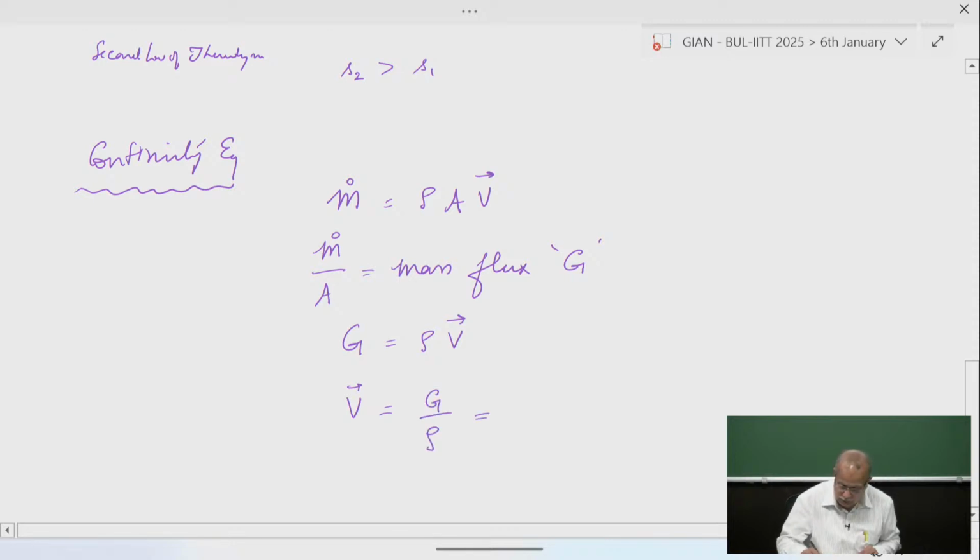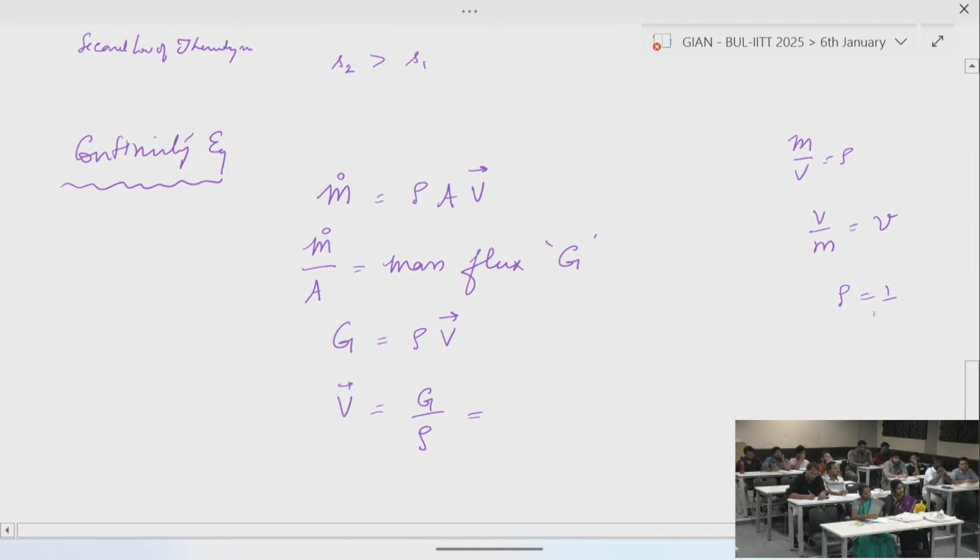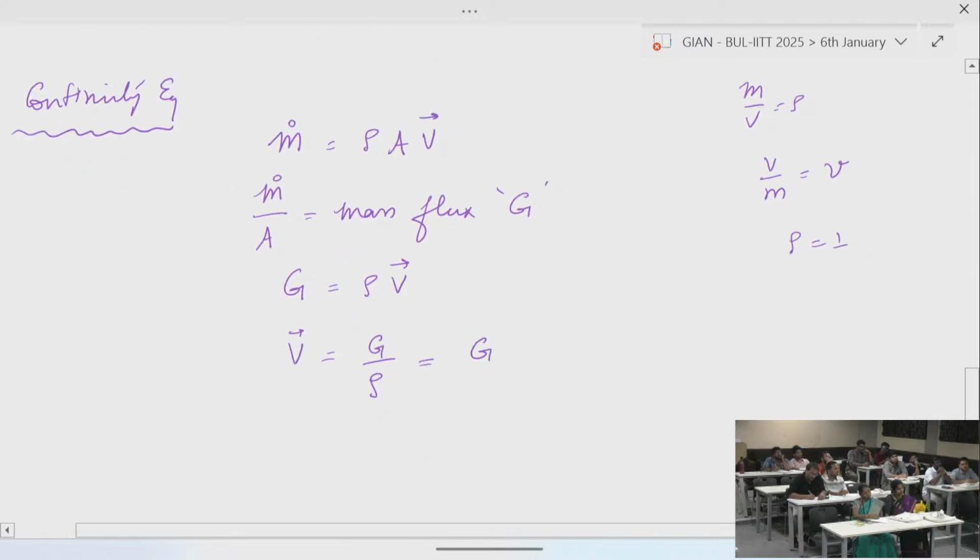Mass by volume is density, and volume per unit mass is specific volume, or rho is equal to 1 by specific volume. So I can write this is mass flux times specific volume, 1 by rho.